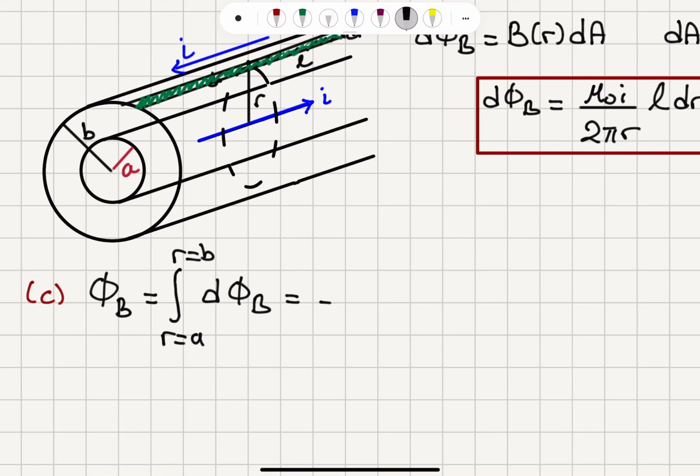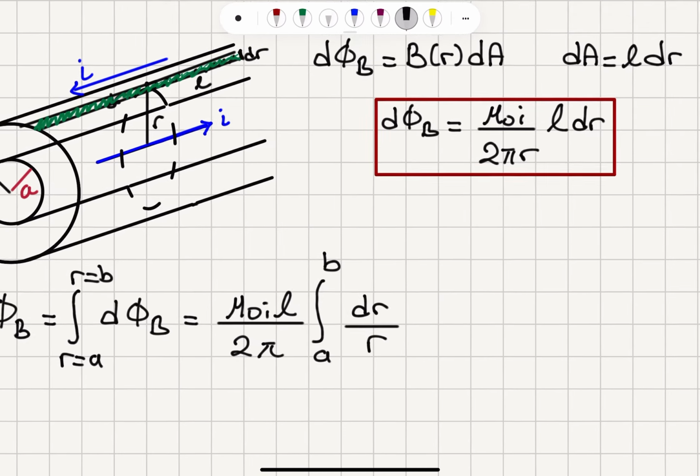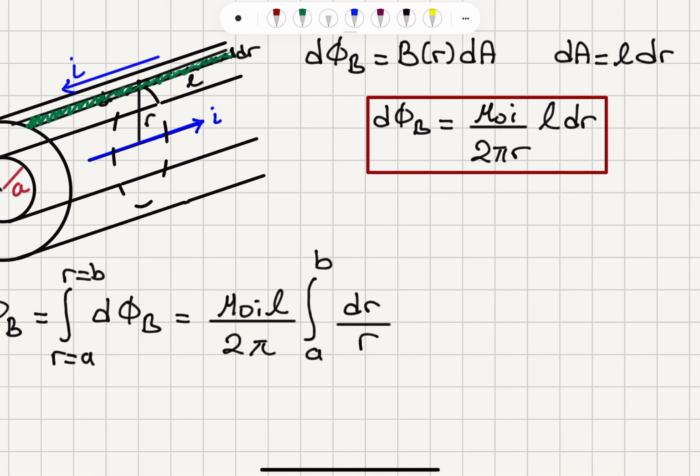So that is mu 0 I L divided by 2 pi, the constants are out of the integral, integral from A to B, dr divided by r. So here is our dr divided by r.